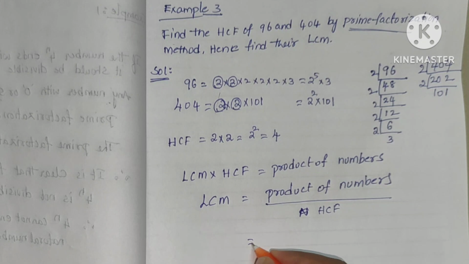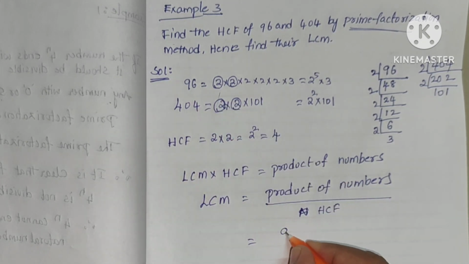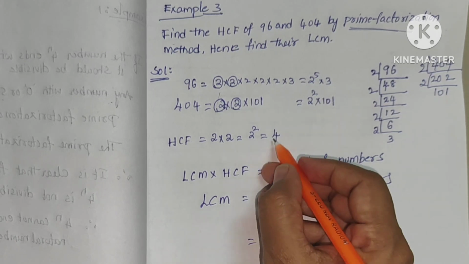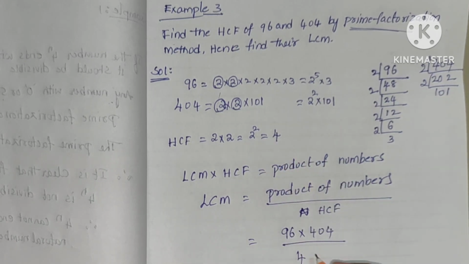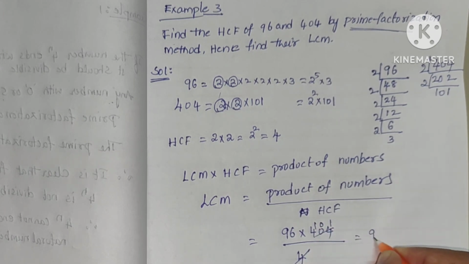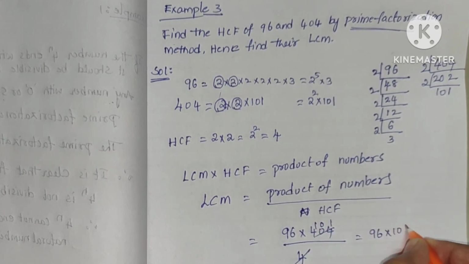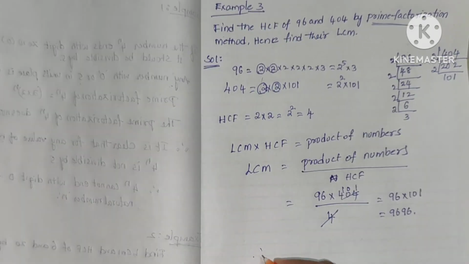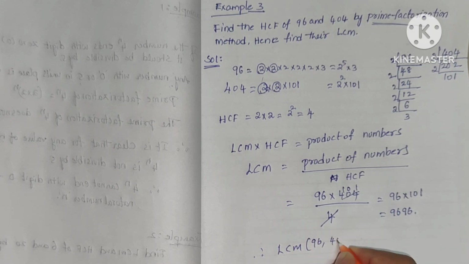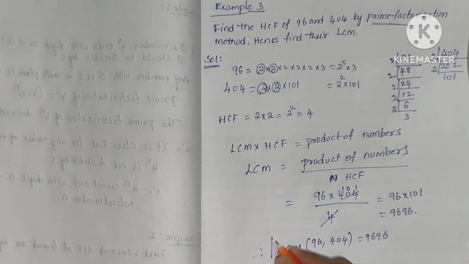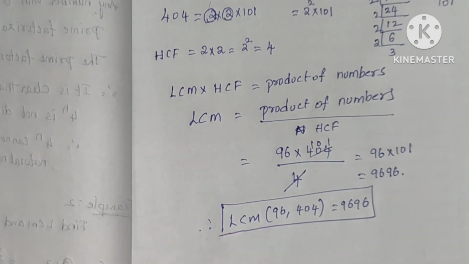So product of numbers 96 into 404 by their HCF 4. So cancel 4 ones, 0, 4 ones. So 96 into 101. Simply this is 9696. So this is the LCM of 96 and 404. Okay, so in this way we can solve.